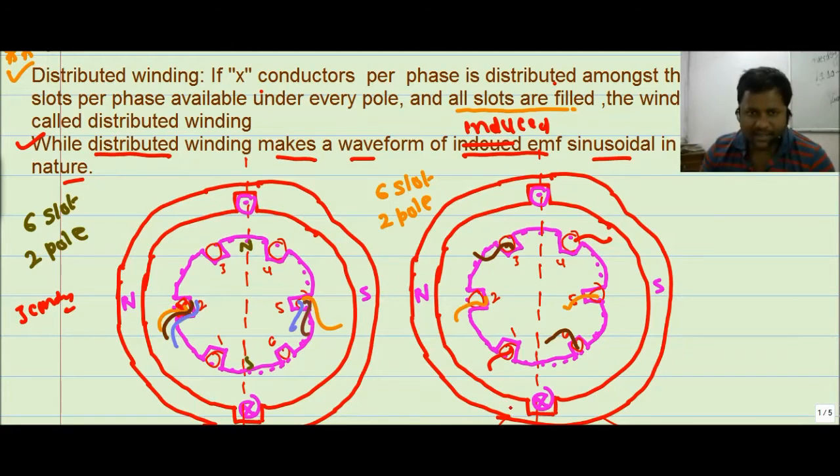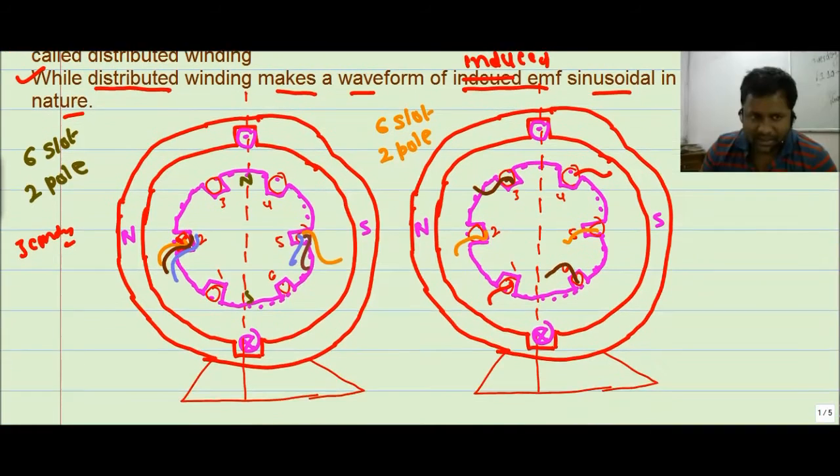I just want to focus on the distributed winding, in which all the slots are filled, while in the concentrated winding, as the name indicates, all the conductors are placed in 1 slot only, while in distributed winding all the slots are filled by all the 6 conductors. So this is the difference between the concentrated winding and the distributed winding.